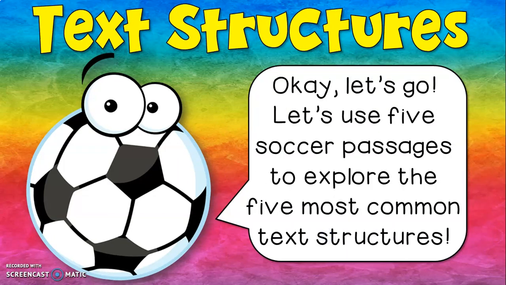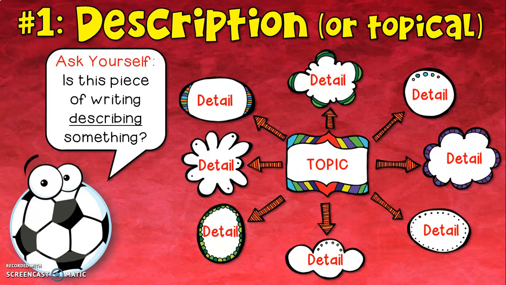So we're going to take a look at the different text structures and we're going to use those 5 different soccer passages to explore the 5 most common text structures. The first one that we're going to talk about is description, or sometimes called topical. So when you're reading, ask yourself, is this piece of writing describing something?